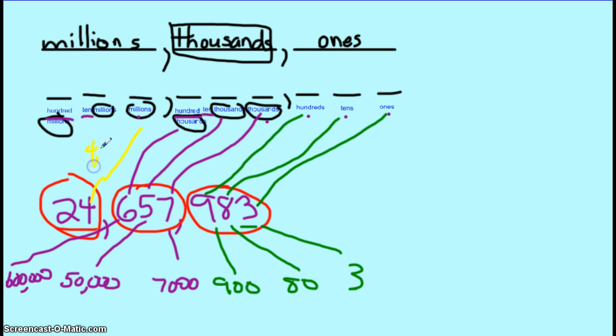So this is worth 4 million. And last but not least, this 2 is in the 10 millions spot. So this would equal 2 10 millions. Count 10 millions with me: 10 million, 20 million. So this would be 20 million.